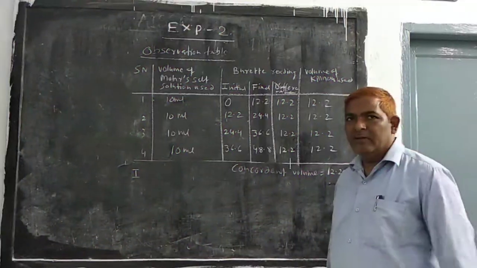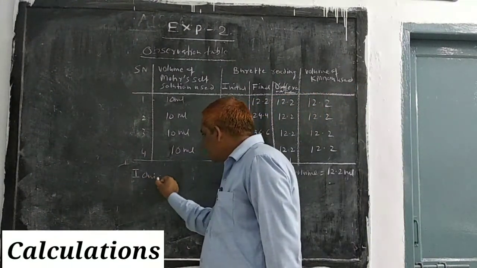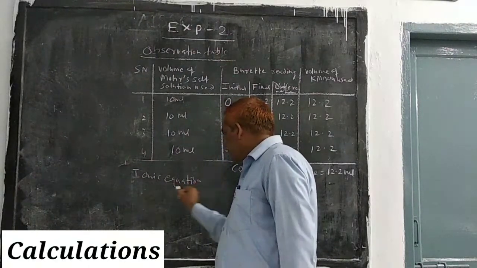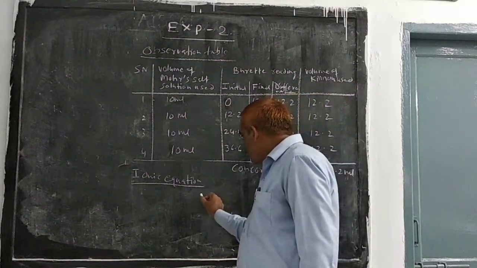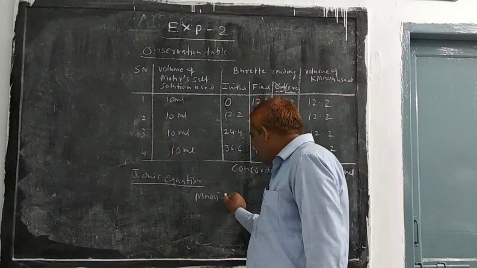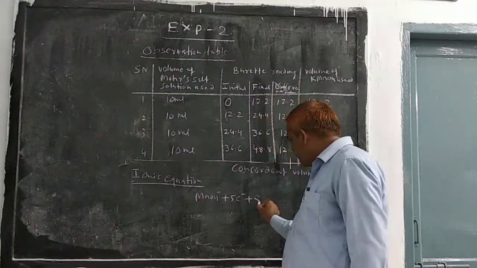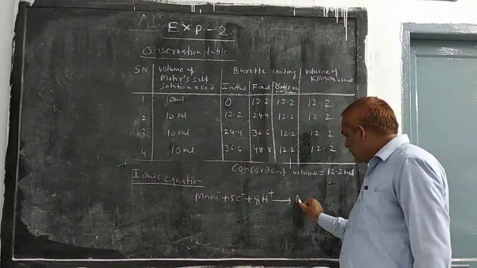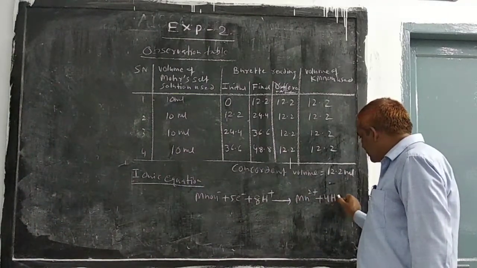Ionic equation for the experiment. Ionic equation is the same as that studied in experiment number 1. MnO4- plus 5 electrons plus 8H+ to form Mn2+ plus 4H2O.